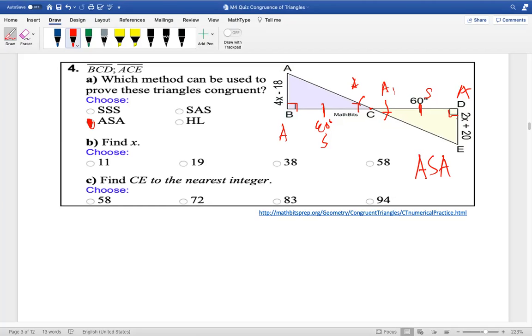And in letter B, let's find out how to find the value of x. How to find x? The x here is this, and the x here is this. Now, what's the relation between these two sides?